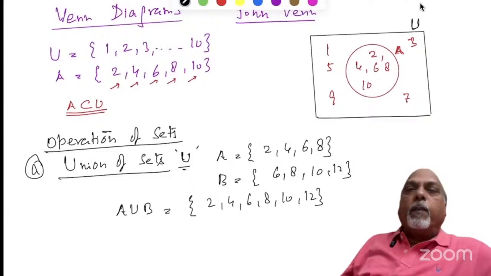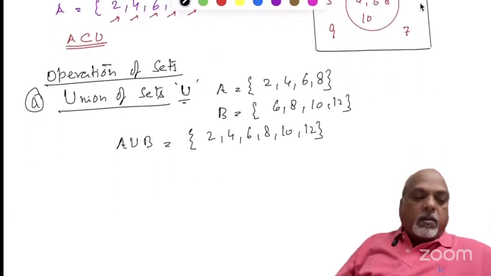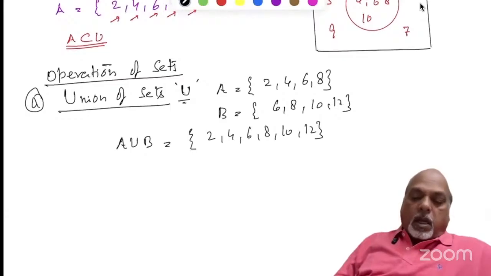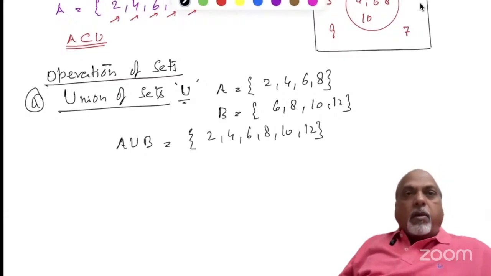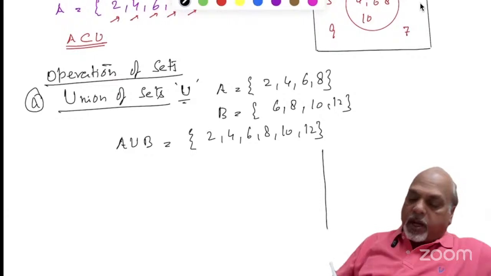Correct. So this is the union. Then, if you want to show this as a Venn diagram, we can show it like this.